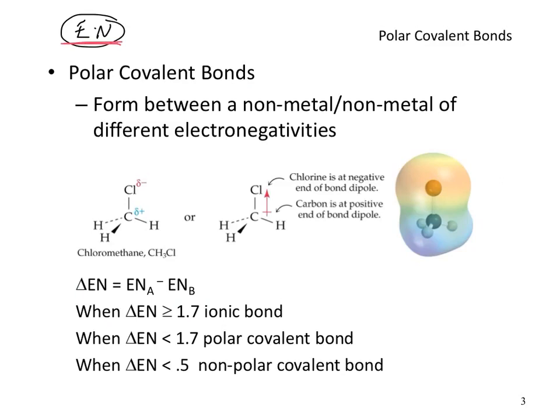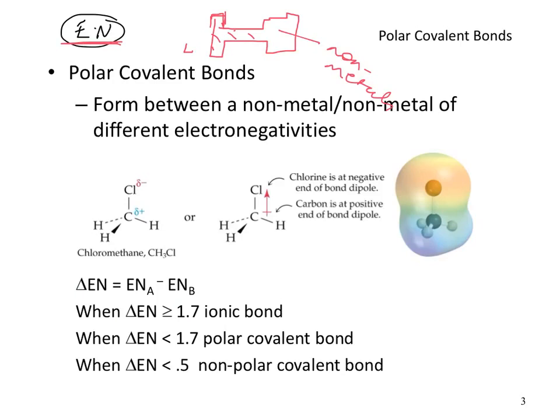On your periodic table, you have the left side, which is where all the metals are. You have the right side, which is where all the non-metals are.